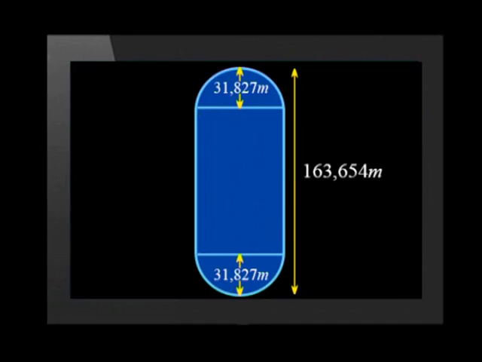The breadth of the rectangle is equal to the diameter of the circle, which is 63,654 meters. Subtracting the radius of each semicircle from the total length of the sports field gives us the length of the rectangle as 100 meters.